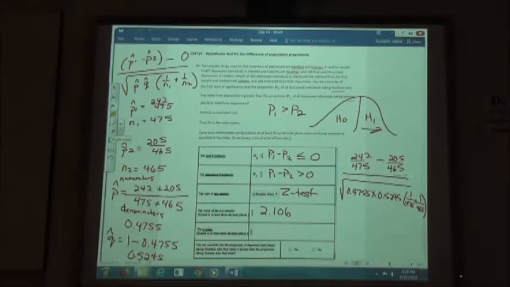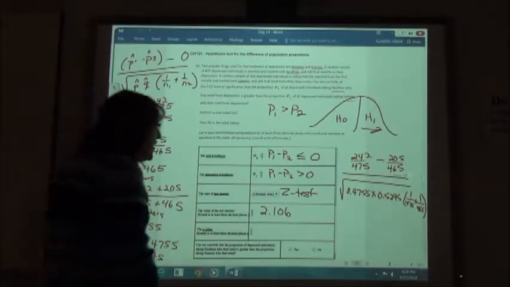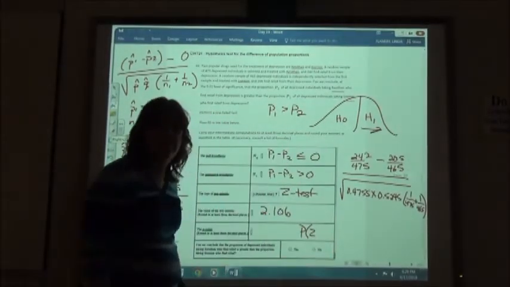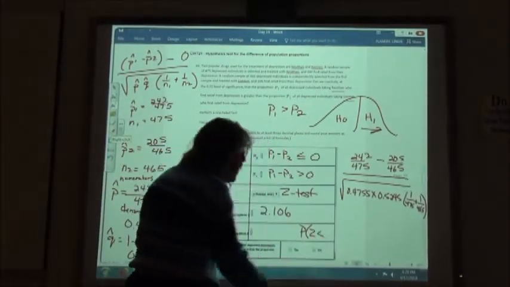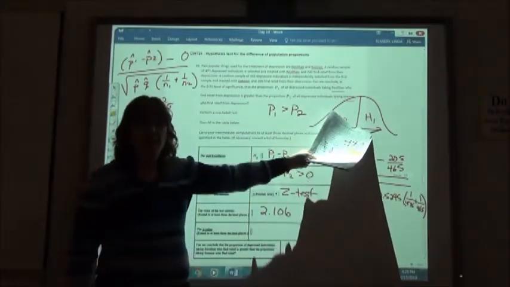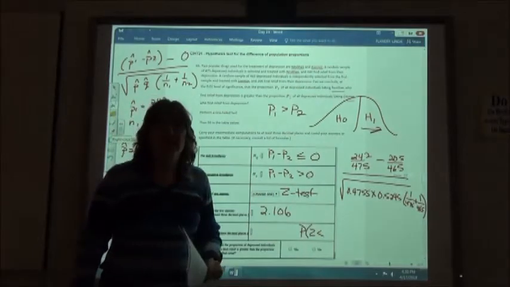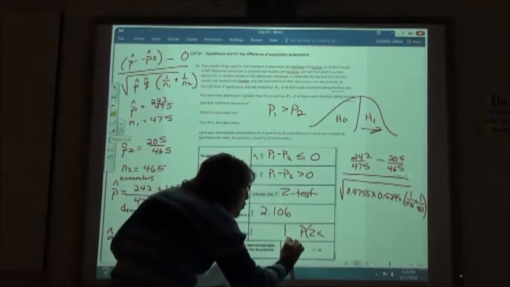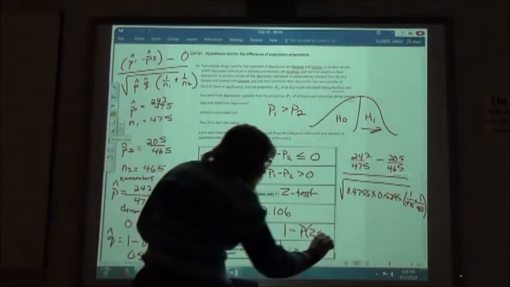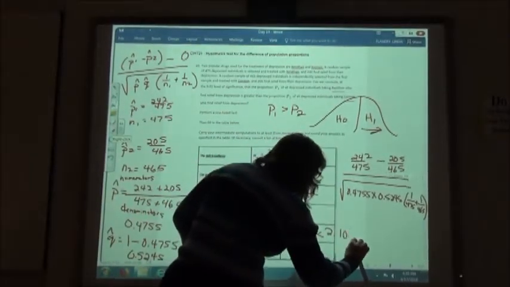So we're doing a z-test. Again, on the z-test, your calculator gives p of z is less than. We want to do greater than, so since we're doing a greater than instead of a less than, we're going to do 1 minus that value. 1 minus p of z is less than our 2.106.